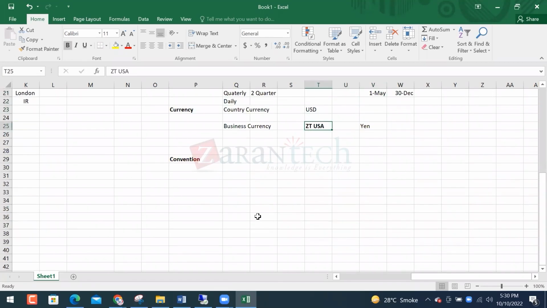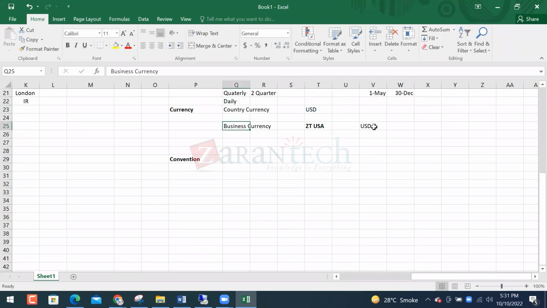Then he will say no, I don't have yen, I have USD, I have dollars. Can you accept it? You will never be in a position to reject that customer. So you will define the currency as your country currency, so that your transactions are booked in the system in your country currency. Then this is my business currency as well.